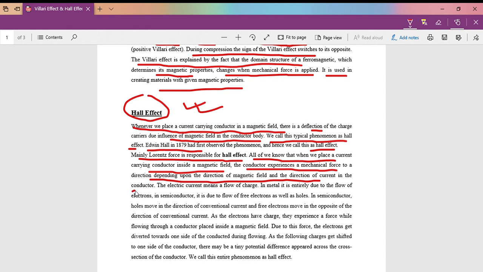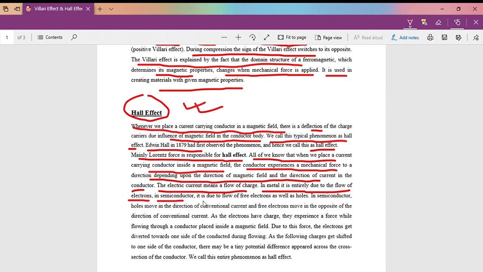That means we can easily determine the direction of force. So electric current means a flow of charge, basically a flow of charge in a specific direction. In metal, it is entirely due to the flow of electrons. Obviously, electron flow is normally referred to as the flow of current.